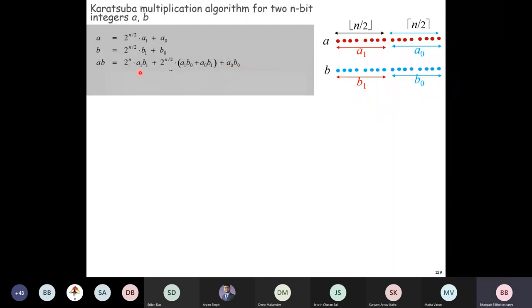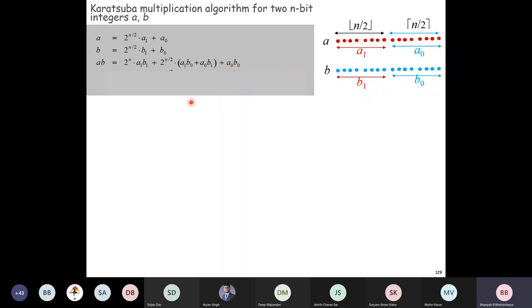Okay, so here notice how many product terms you have to compute. These are smaller product terms because A1, B1, A0, B0 are binary strings of length n by 2, right? So how many different product terms do you need to compute? A1 B1 is one. A1 B0 is another. Similarly, A0 B1 and A0 B0.